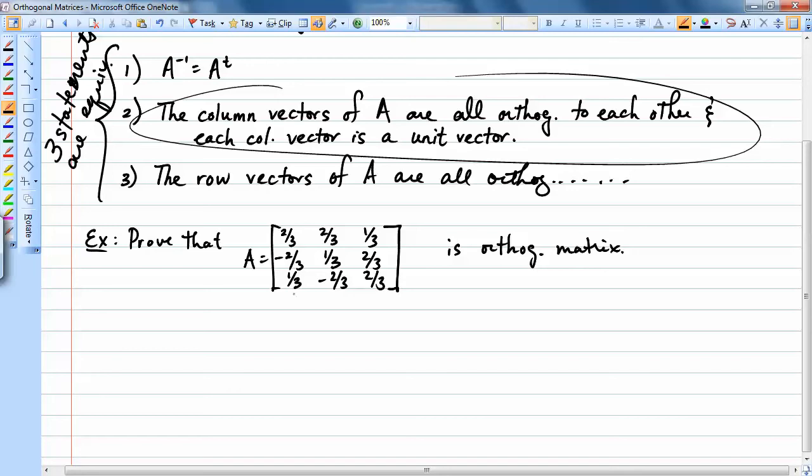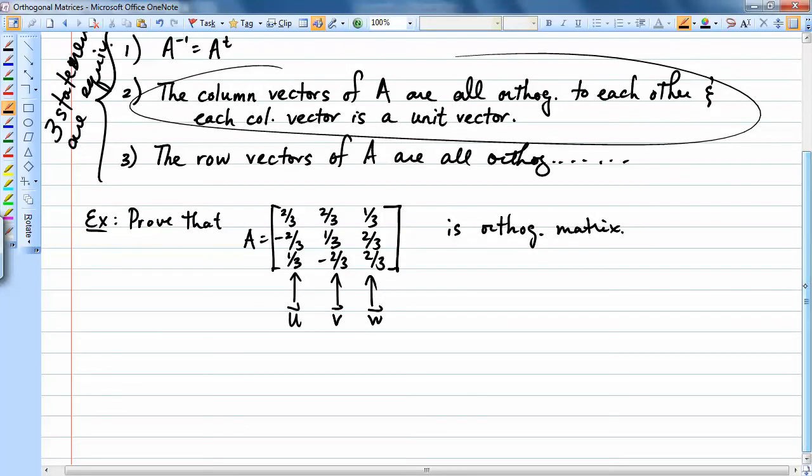So I'll call this one right here U, I'll call this one V, and I'll call this one W. In order to prove this, you want to show that U and V are orthogonal to each other, V and W are orthogonal to each other, and U and W are orthogonal to each other. So let's just look at it.